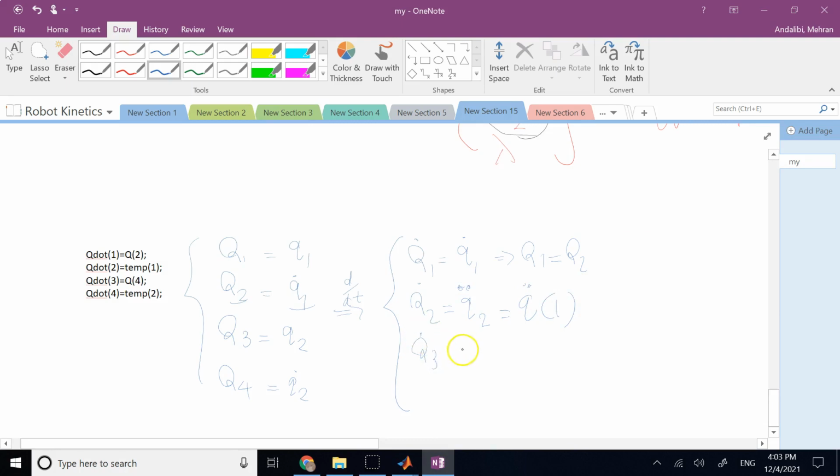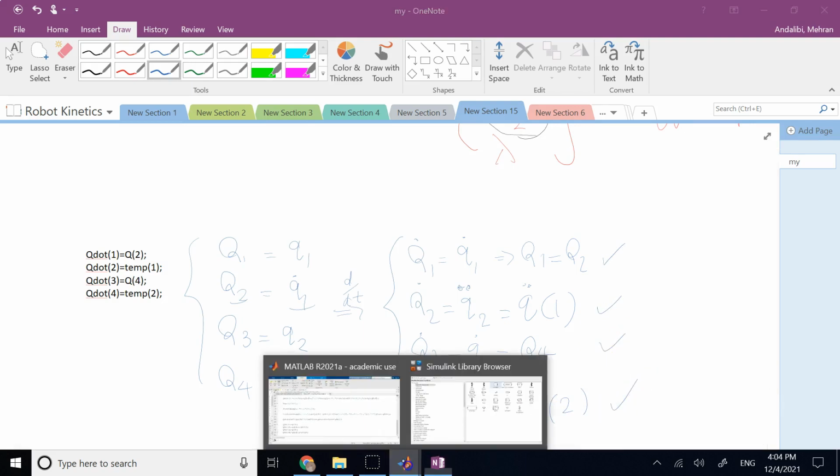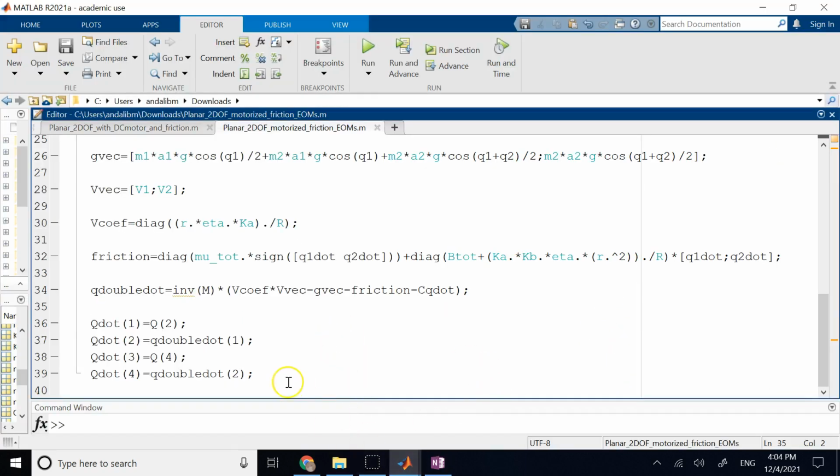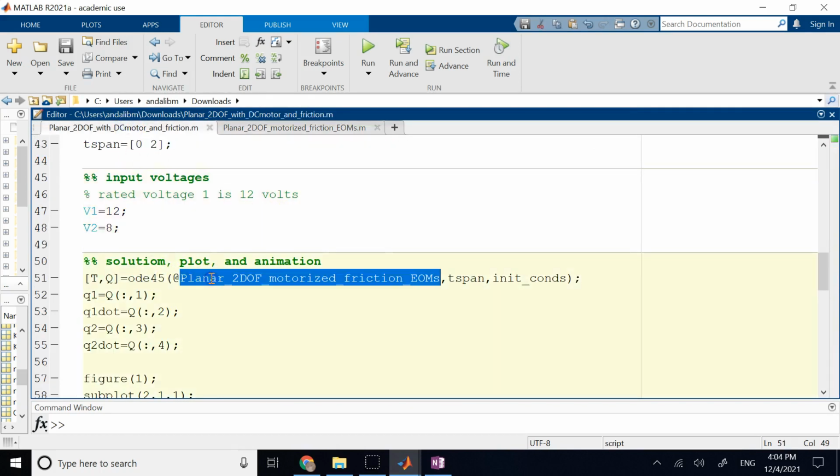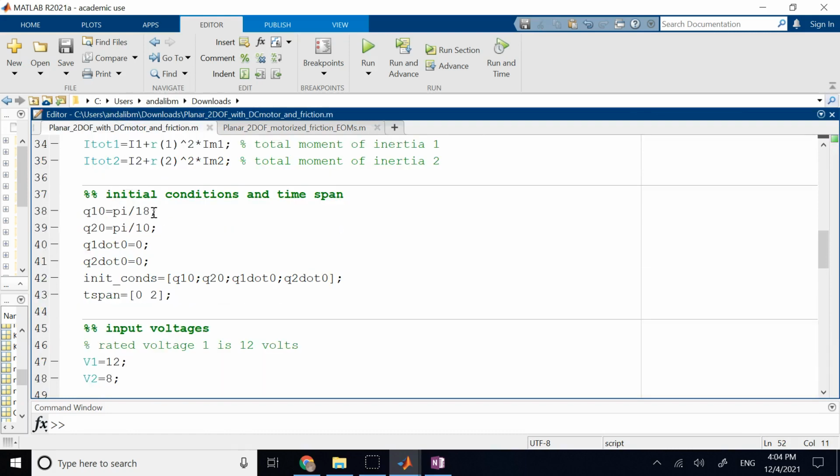Similarly, Q3 dot is going to be Q2 dot, which is going to be Q4, and Q4 dot, which is like Q2 double dot, is going to be that solution Q double dot that I found for you, element number 2. So these four things are exactly these last four equations that you will see. So I broke down my 2 second order ODEs into 4 first orders. So now they are ready to be passed to ODE45 here.